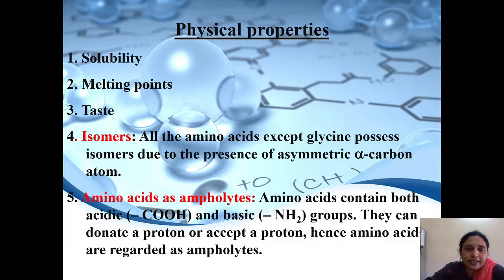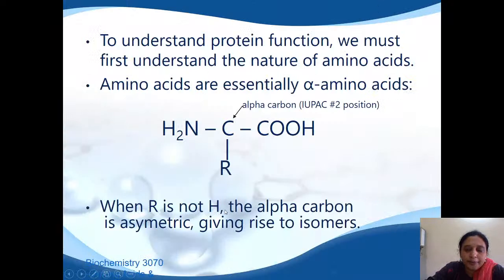To understand isomerism, this is the alpha carbon. The alpha carbon is the carbon where on one side there is an amino group and on the other side a carboxyl group.